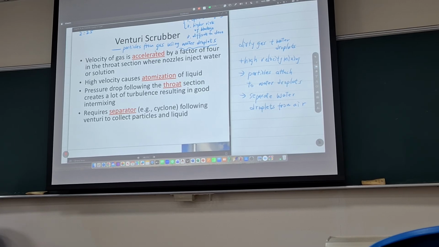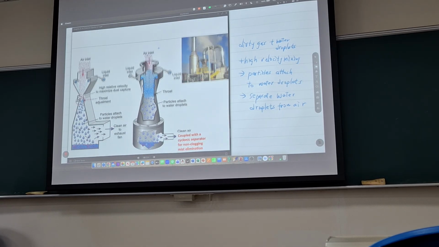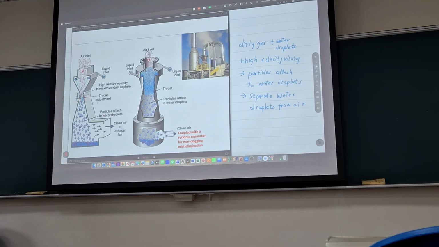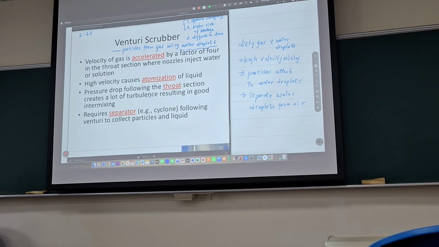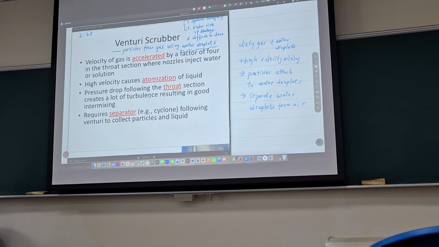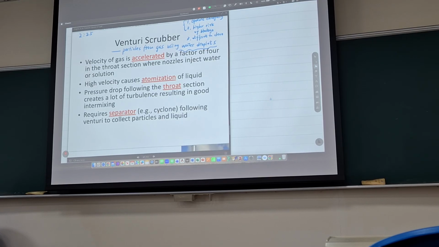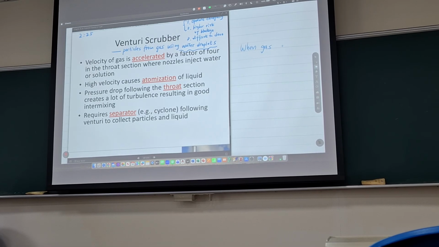Okay, so the Venturi scrubber has a narrow throat, as I showed you.